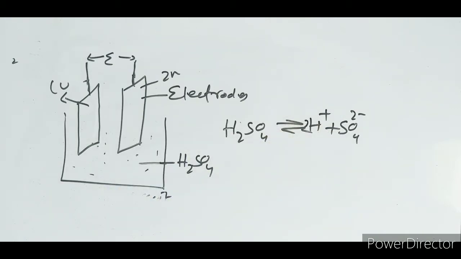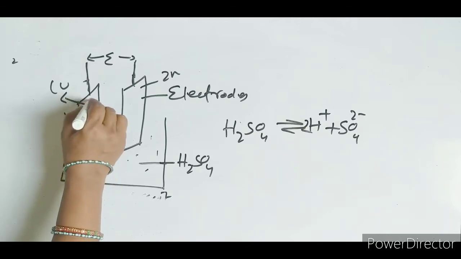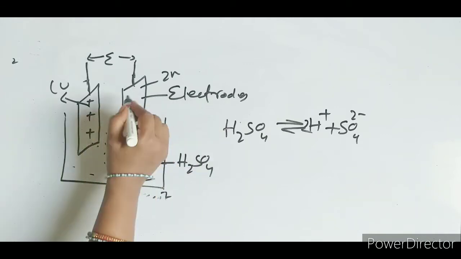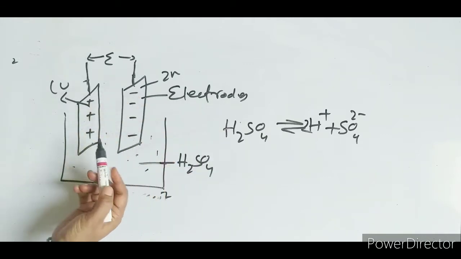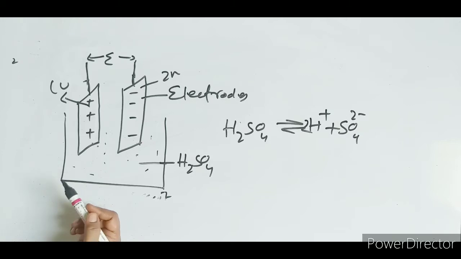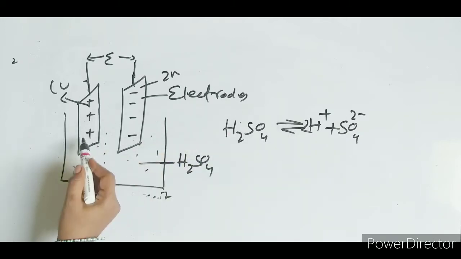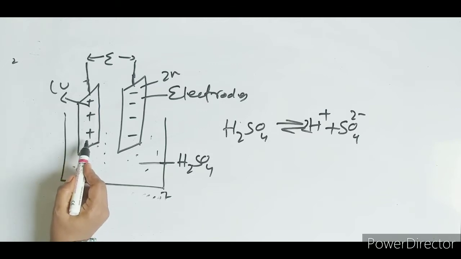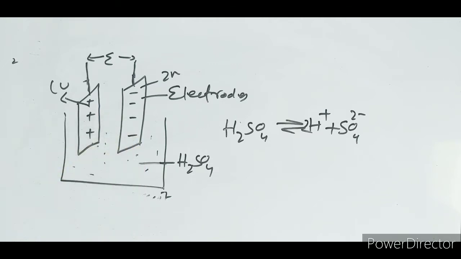Clear? So what happens? These H plus ions move towards the copper electrode, and the sulfate ions move towards the zinc electrode. As they impart their charges to these two plates, copper becomes positively charged and zinc becomes negatively charged.